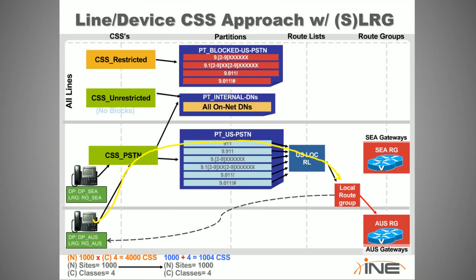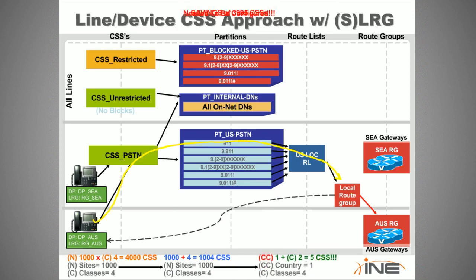So now, with the line device approach, we changed 1,000 times 4 to 1,000 plus 4, and we took 4,000 CSSs down to 1,004 CSSs. We still had 6,000 patterns, 1,000 partitions, 1,000 site-specific CSSs. That was the 1,000 of the 1,004, 4 for the restricted blocked, 1,000 route lists and 1,000 route groups.